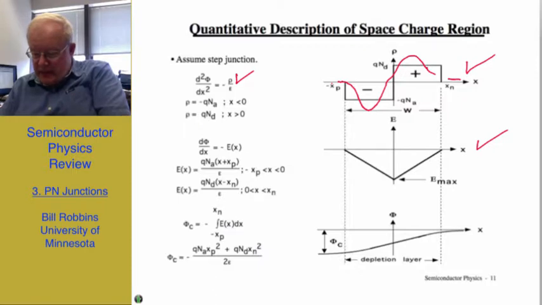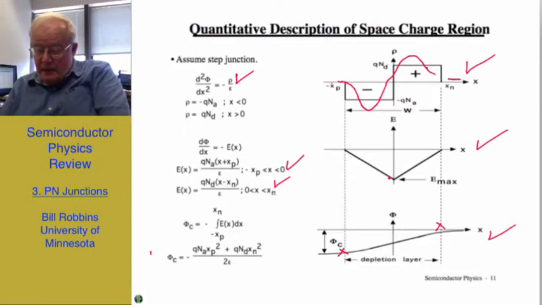The electric field has a maximum right at the metallurgical junction, and I've shown you the equations for the electric field in each of the two space charge regions. If we integrate once more, we can then get the variation of the electrostatic potential as a function of position. The difference in the potential between minus x sub p and plus x sub n is the so-called contact potential phi sub c.